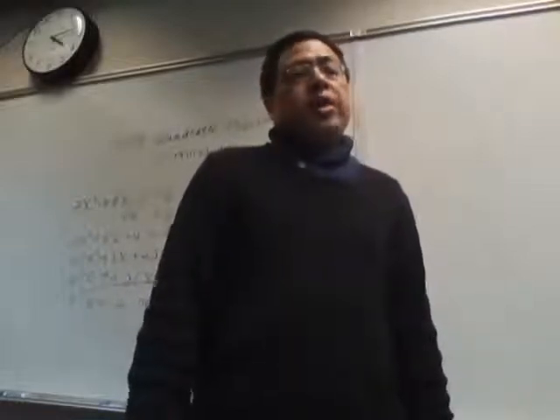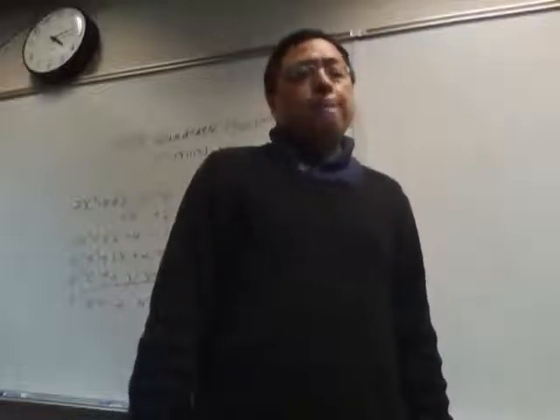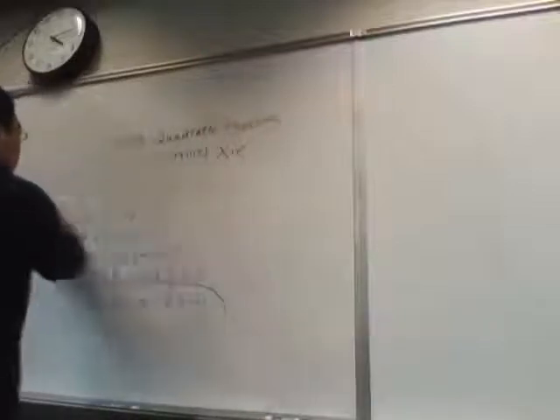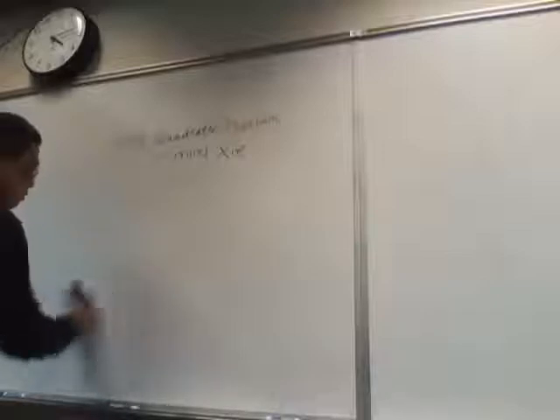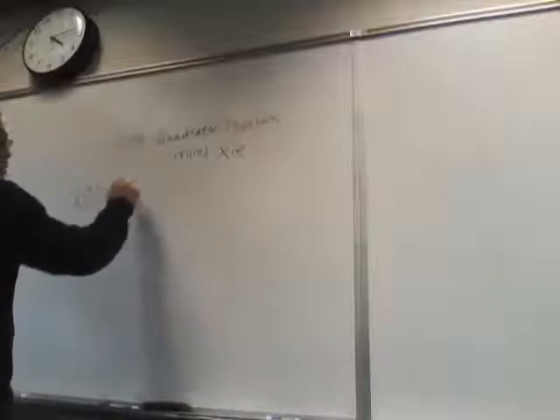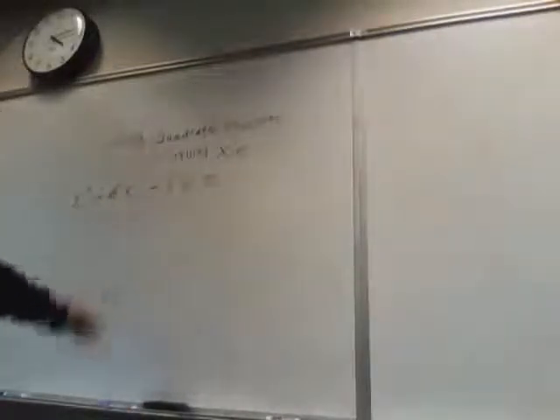Okay, if I have a normal polynomial, how do you do that? Let me give you an example: x squared minus 6x minus 1 equals 0. How do you do that?